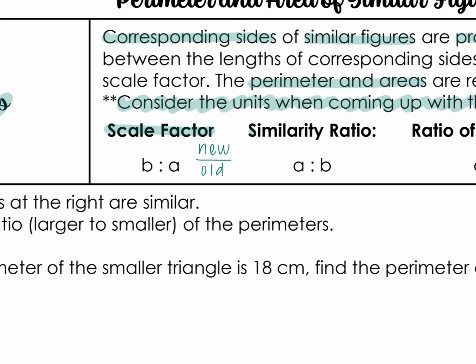Then we have our similarity ratio. So our similarity ratio is going to be our A to our B, which is going to be our old to our new.